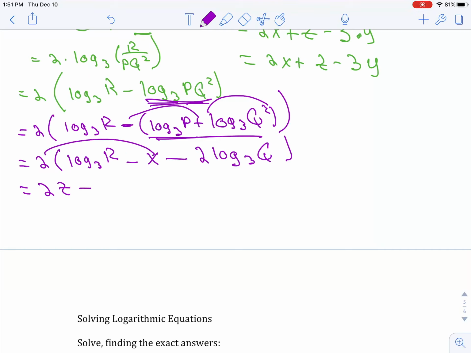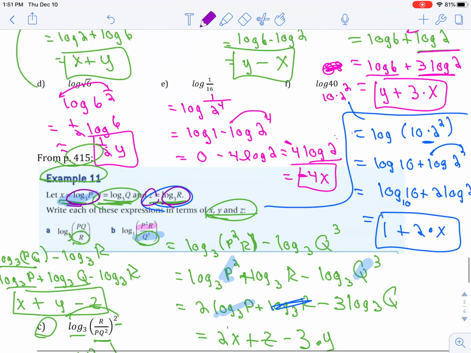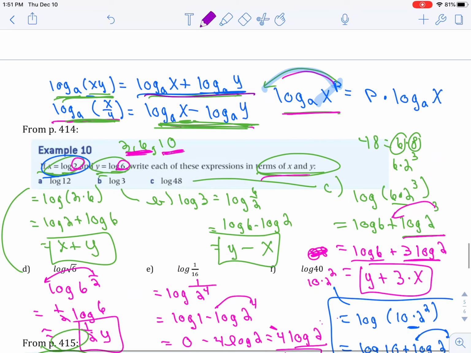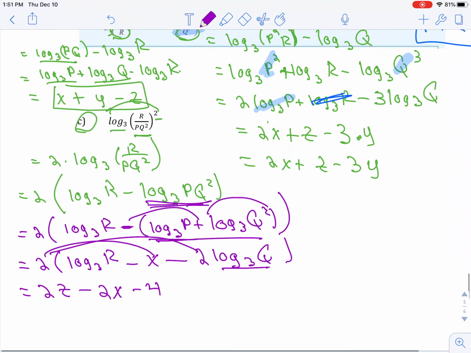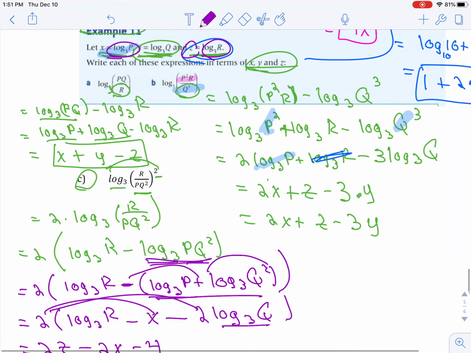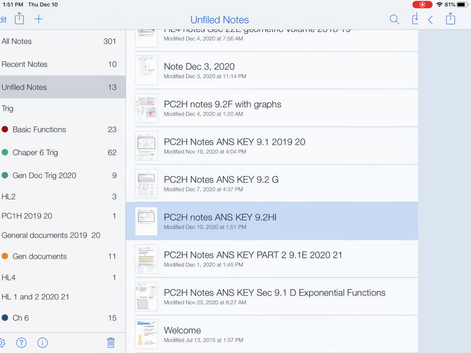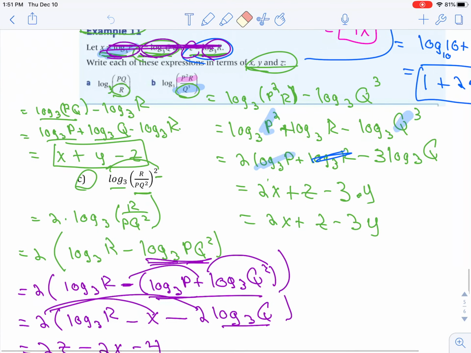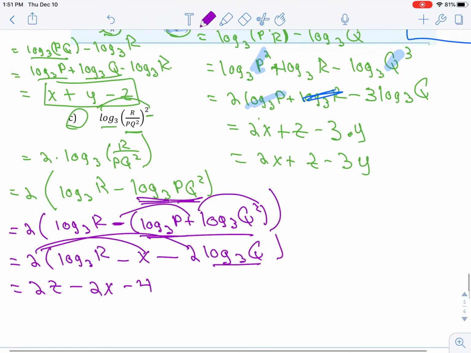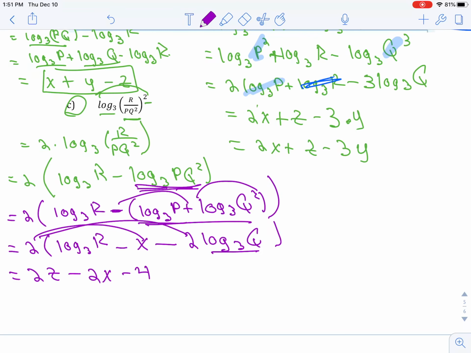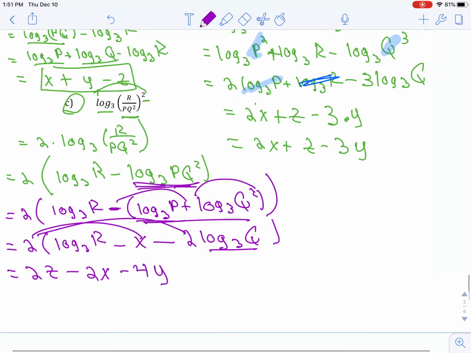Then minus, when I distribute here I get minus 2x, and then when I distribute here I'm going to get minus 4, and then the log base 3 of q is just y. Right, log base 3 of q is y. So I end up with minus 4y for my final one.